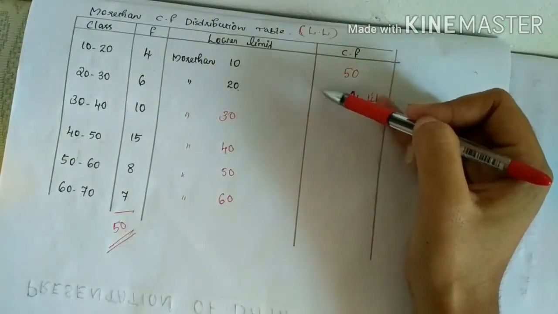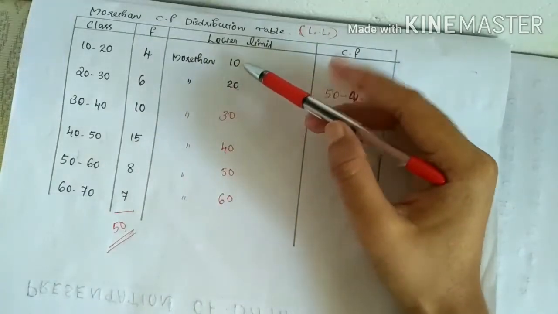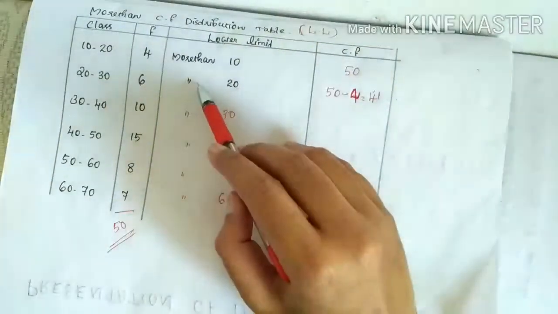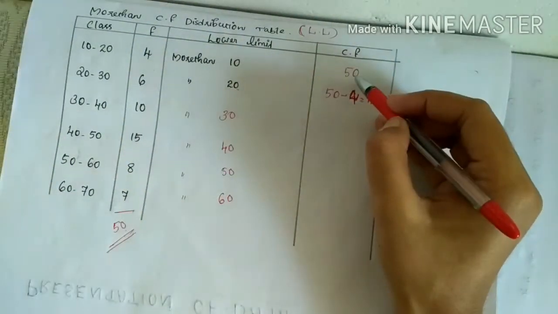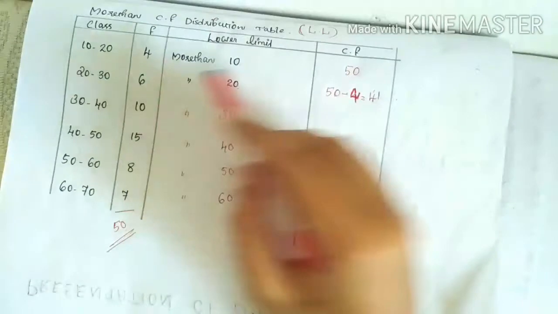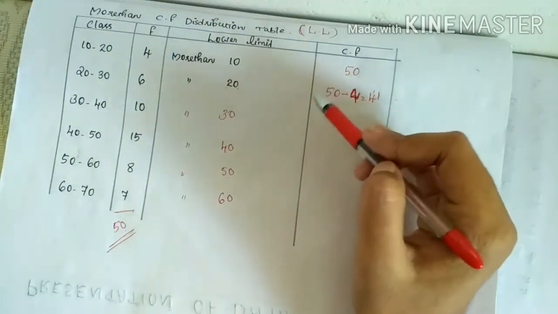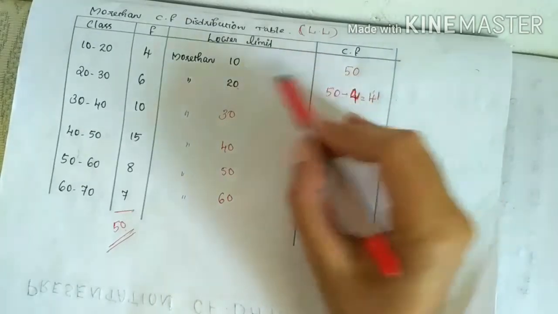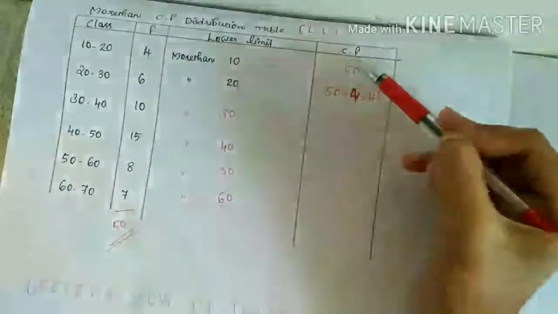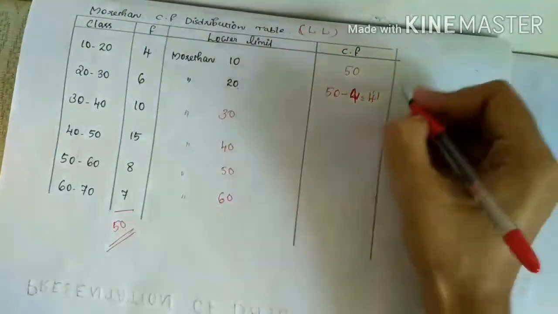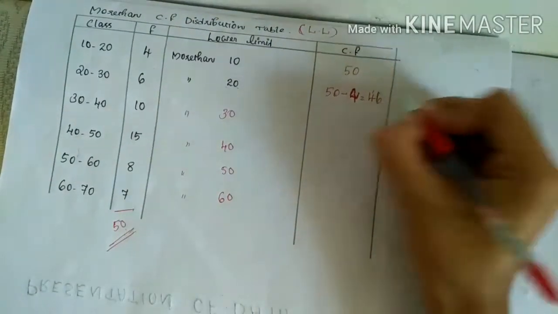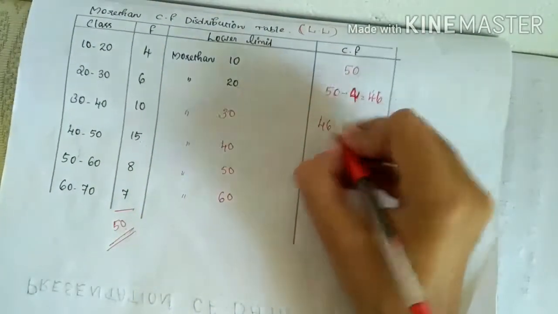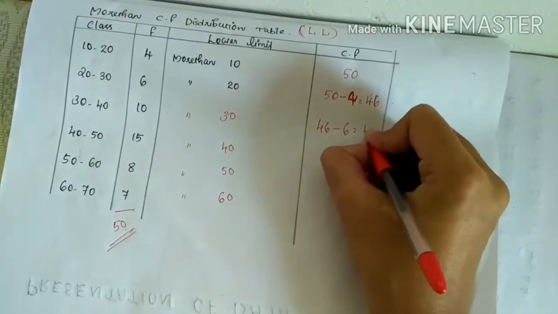And the cumulative frequency of the first class, that is more than 10, is the same as the total frequency, that is 50. And for the class of more than 20, the cumulative frequency is 50 minus 4, that is, the frequencies are subtracted from the total of the frequency. Here the total of the frequency is 50 and the next frequency is 4. So 50 minus 4, the answer is 46. And the next class, more than 30, is 46 minus 6. The answer is 40.